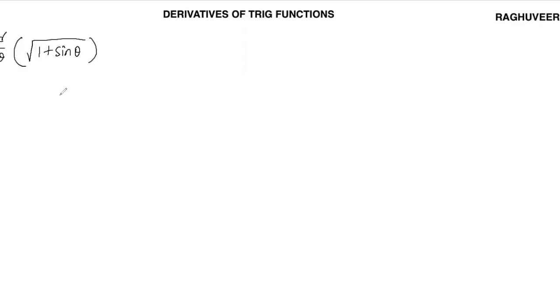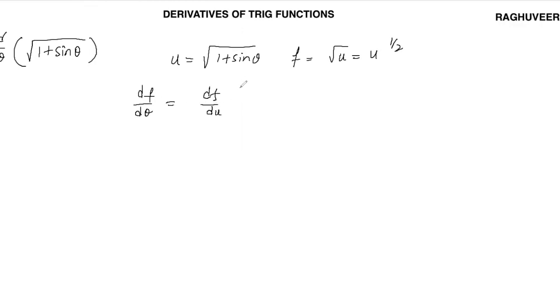Now let us solve this problem here by applying the chain rule. So consider u as 1 plus sine theta, and f is root u, which is u to the power of half. So df by d theta is df by du and du by d theta, which is d by du of u power half, and d by d theta of 1 plus sine theta.